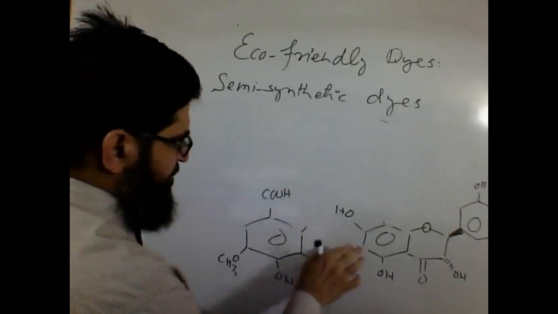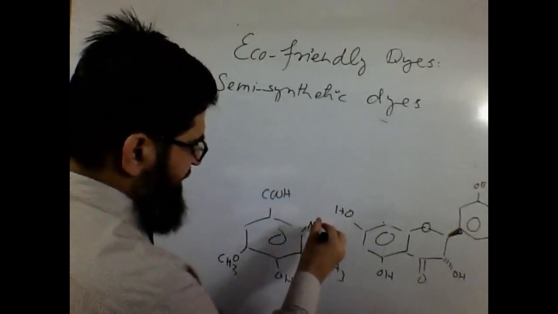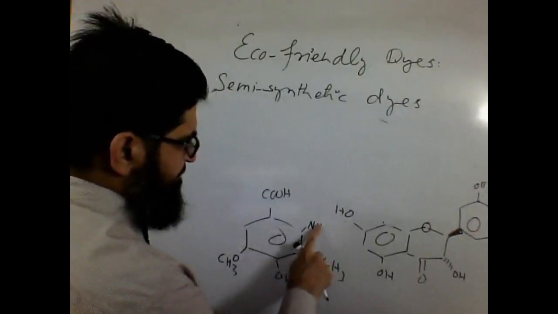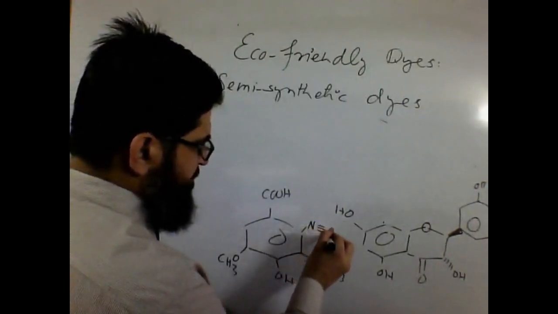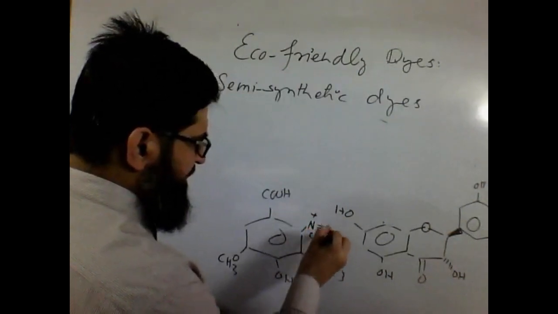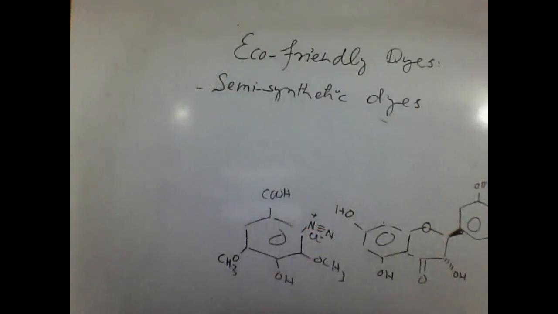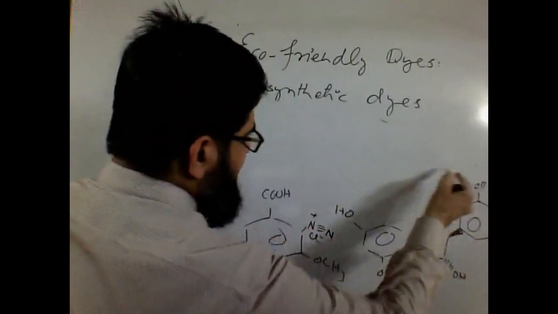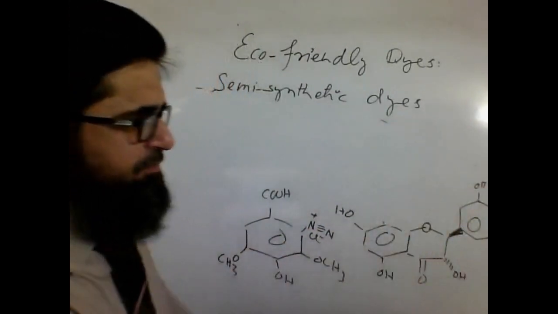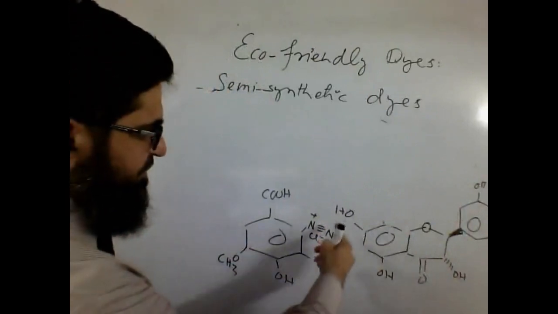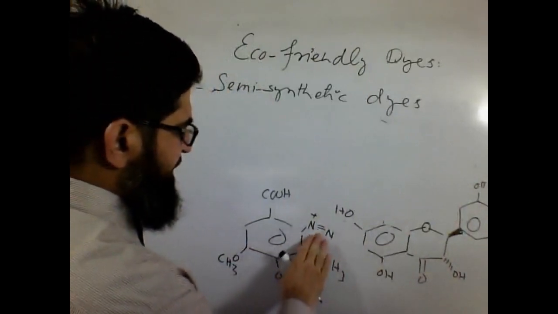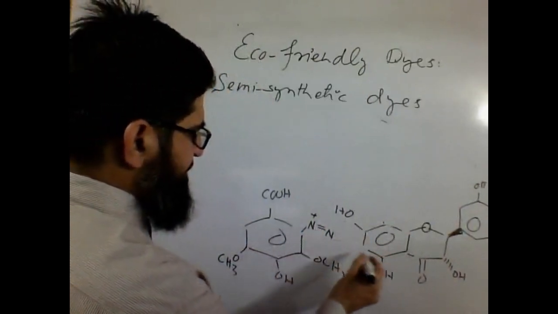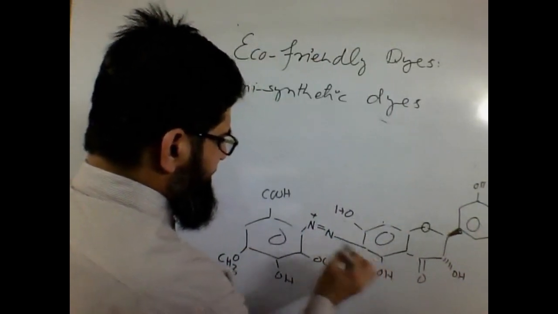Again, I can go for reduction to generate an amine. Then subsequent diazonium salts. Then what can be done? We can use this apicacetan as a coupler. We can bring it in to couple with this compound. We could bring it in as a coupler. So what can happen? This can make a bond over there.